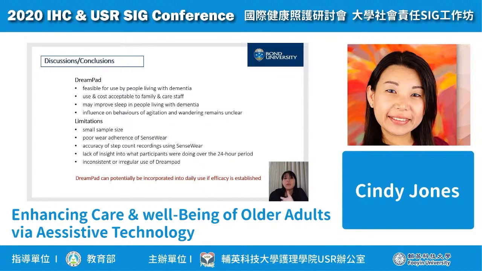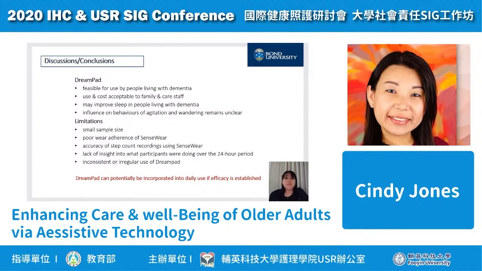Now, all these limitations and challenges we experienced in this study are important because they inform future studies in terms of design and the challenges we have to overcome in the conduct of the research. It's really useful information. While we haven't got a really robust study or great results, we have learned a lot from the conduct of this study, which is helpful for future research in the use of DreamPad.